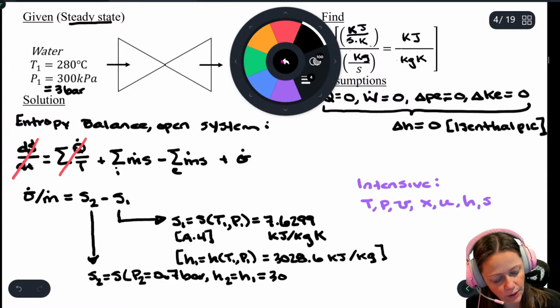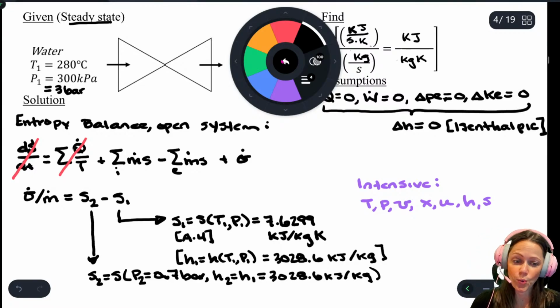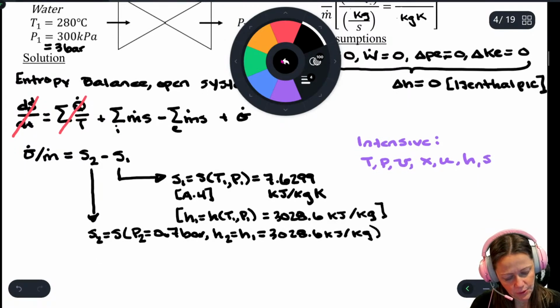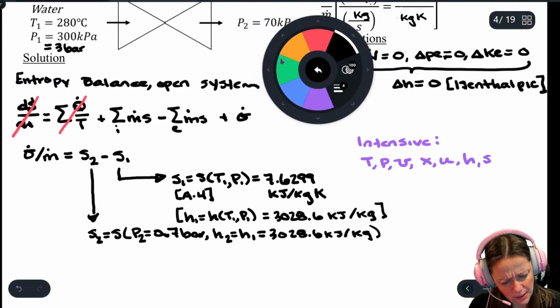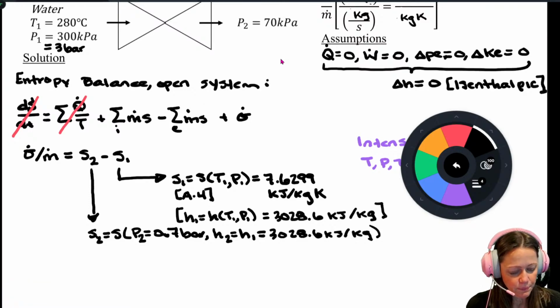So this value, H2, is 3028.6 kilojoules per kilogram. And now I just need to figure out what phase we're at in state 2. Oh yeah, that is 0.7. I'm sorry, I was looking at the pressure. I was wondering, is that 0.7 or 0.07? It's 0.7 bar.